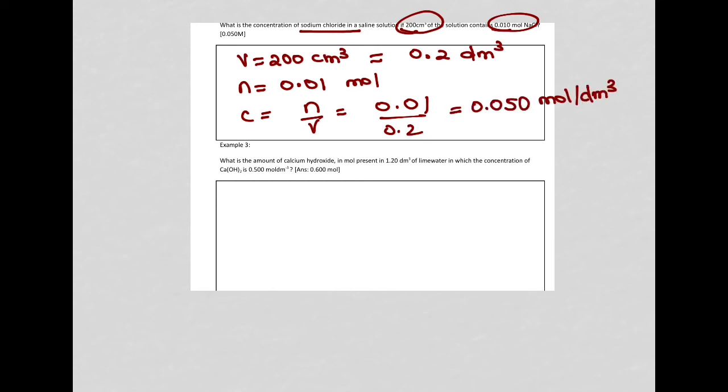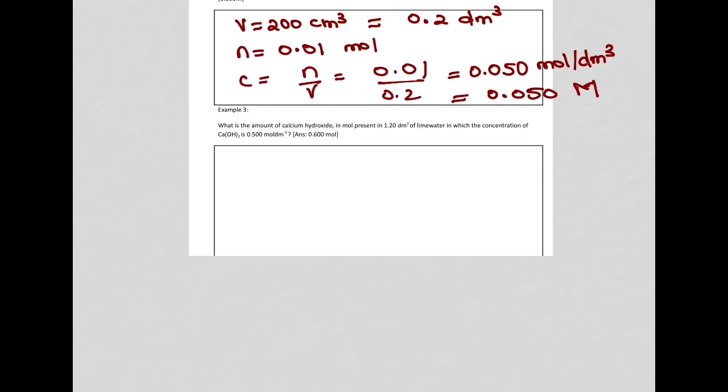And then here you have number of moles, which is 0.01 mole of NaCl. So then concentration is number of moles divided by volume. So you have the answer, and you can also write this as 0.05 M capital, which is molar concentration.